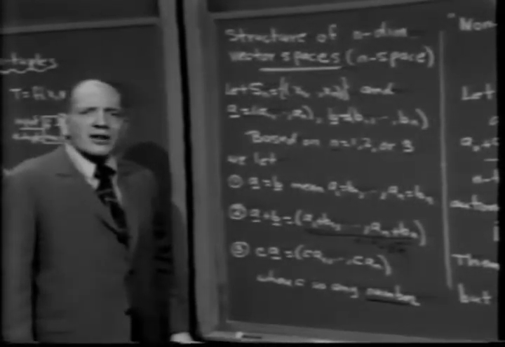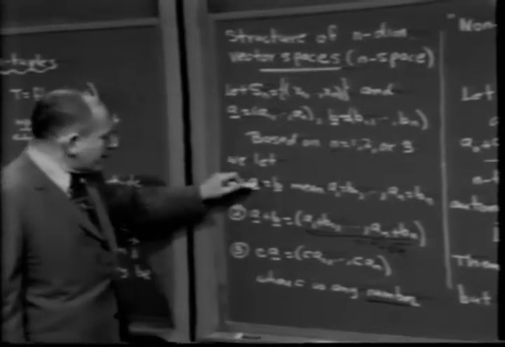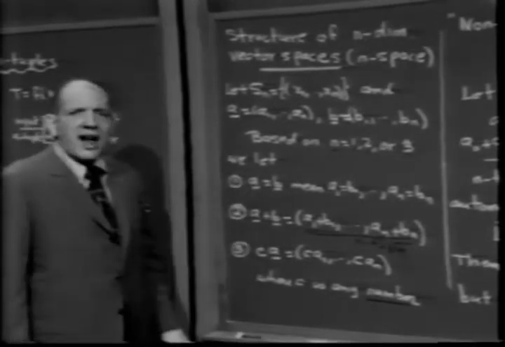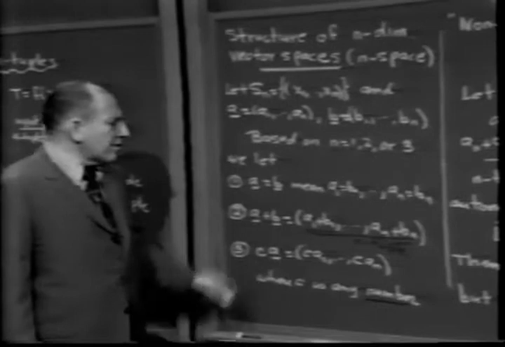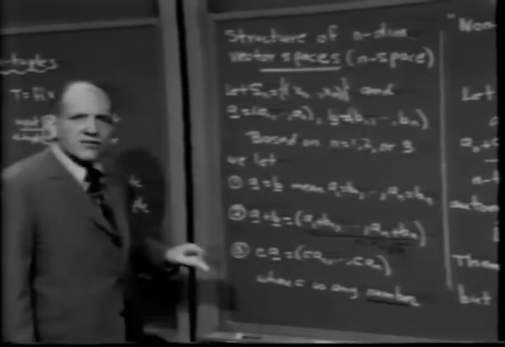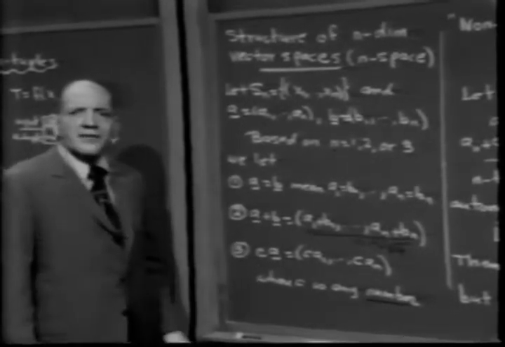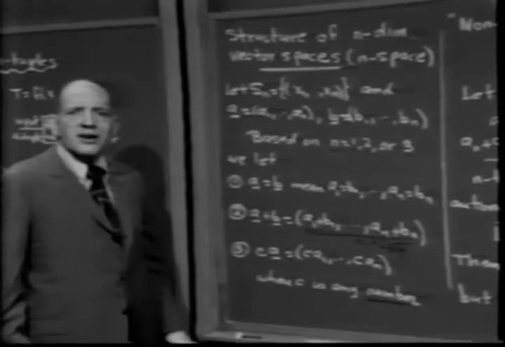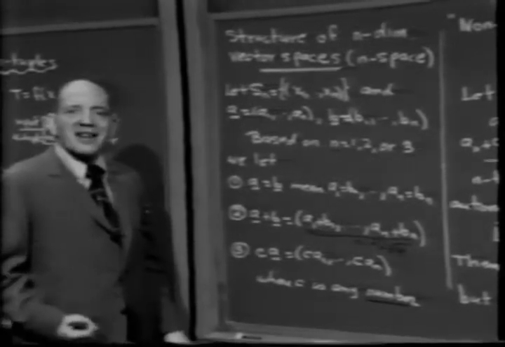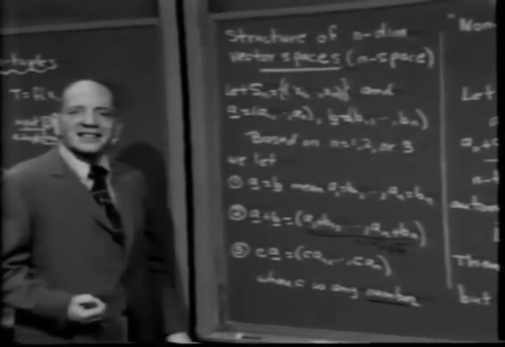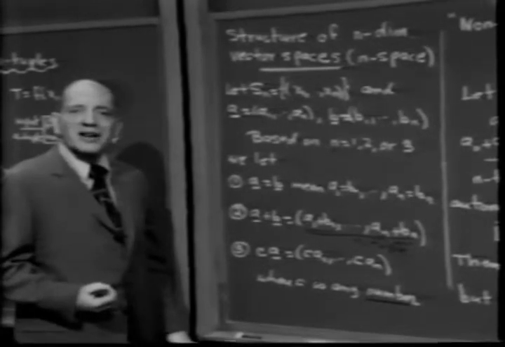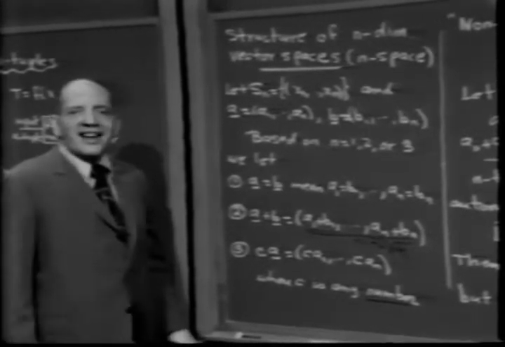And since everything that was true about arrows followed from these three basic definitions, any set of n-tuples that obeys this particular structure will also behave like the arrows did. And that's why we call it a vector space. They behave like vectors, even though they can no longer be viewed as arrows.